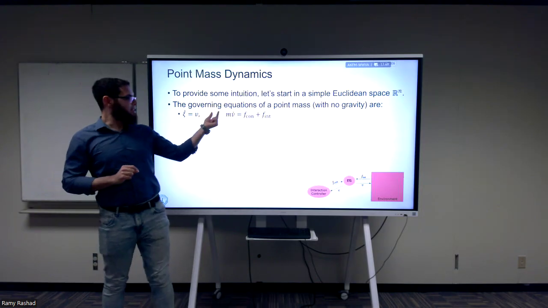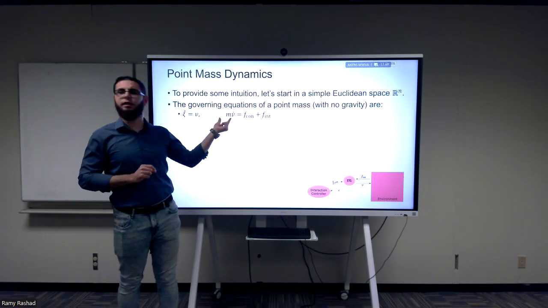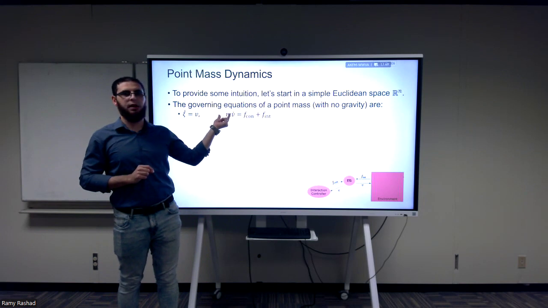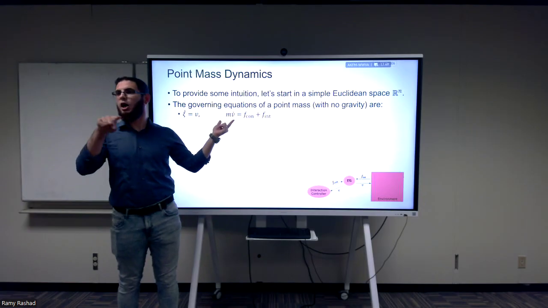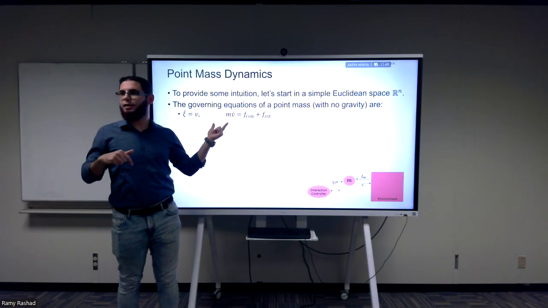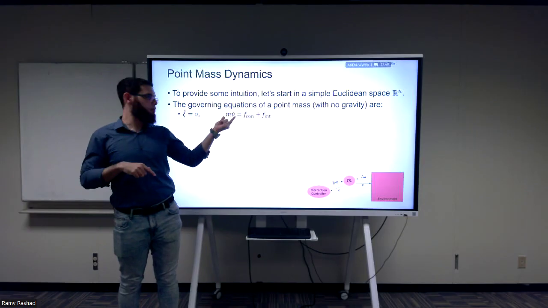So if I multiply this by V transpose, what do I get on this side? The rate of change of kinetic energy. Kinetic energy is half m V transpose V. So when I differentiate that, I get m V transpose V dot, which is this term.